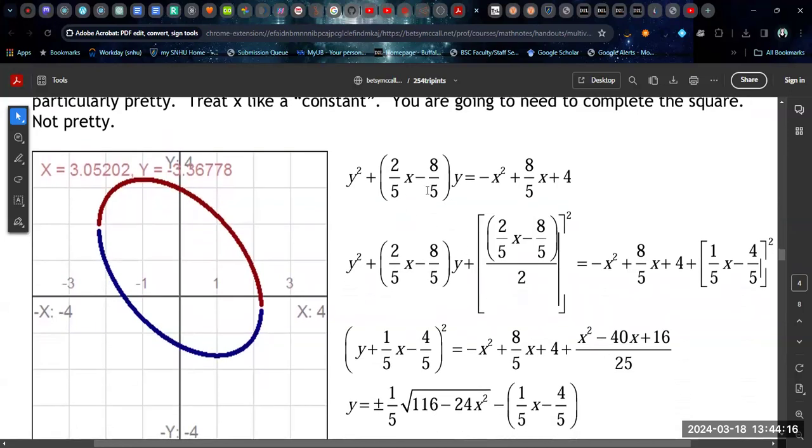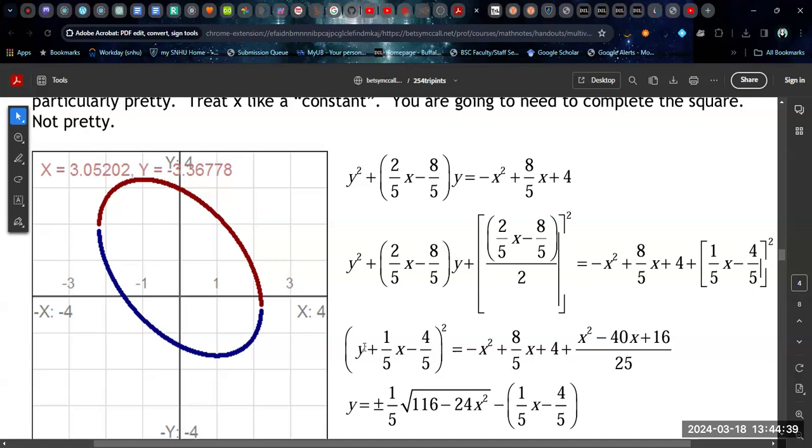If you collect your y terms on one side of the equation, your y squared is here, and your coefficient of y, if you factor the y out, is this expression. To get your completed square, you would take this expression, divide it by 2, and then square it, and then add that to both sides of the equation.